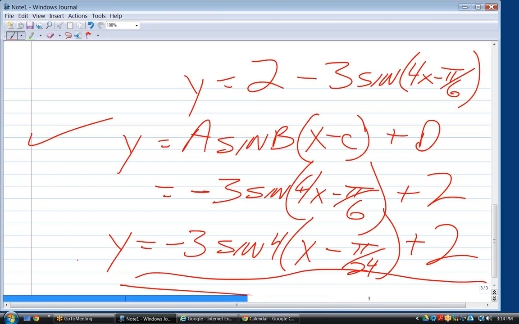Only it's in standard format, and it matters because in standard format, c is the phase shift. In the format you gave me, c divided by b is the phase shift. So whether this b is inside or outside the parentheses matters a lot.